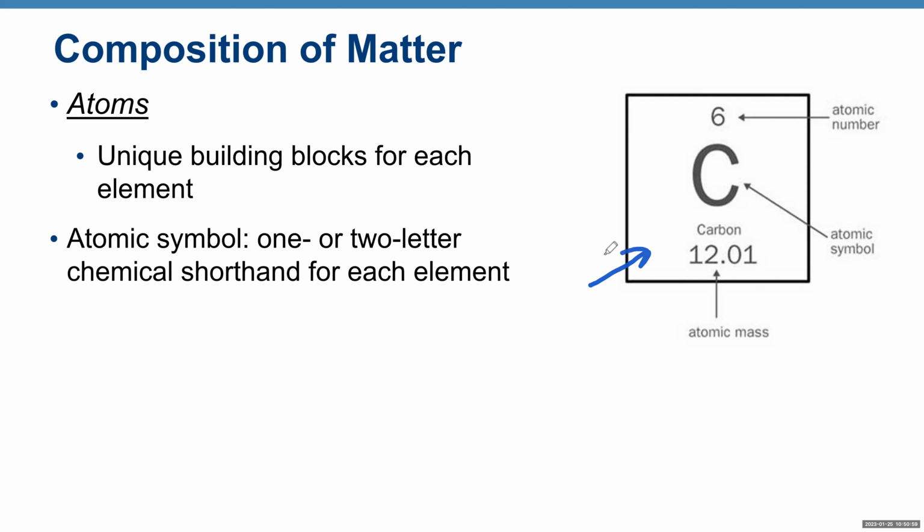You find all the elements in the periodic table of elements. And if you look at the example, the element has a symbol. In this situation it is C for carbon. It has atomic number 6 and atomic mass that for carbon is 12.01.